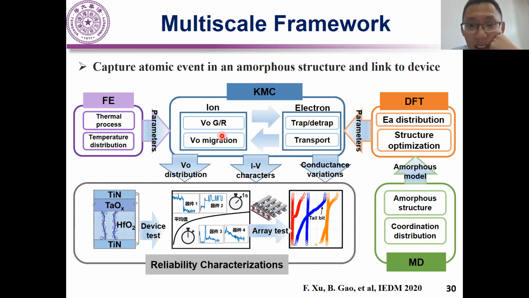So although the system may be very large and contain a lot of ions, the simulation time is still acceptable. I think KMC is very powerful for RRAM simulation because the switching mechanism of RRAM is caused by random ion migration. So I think KMC is a good method.